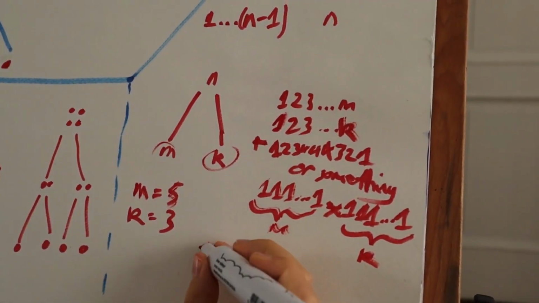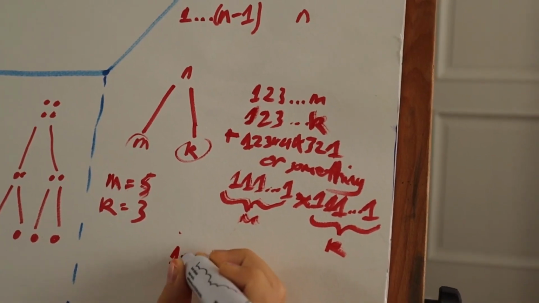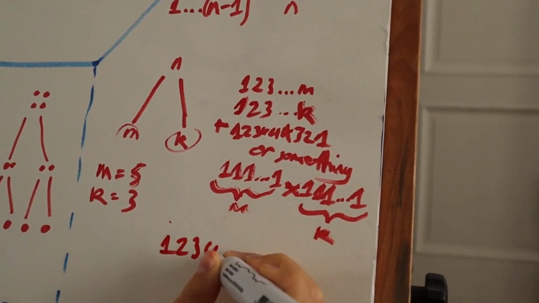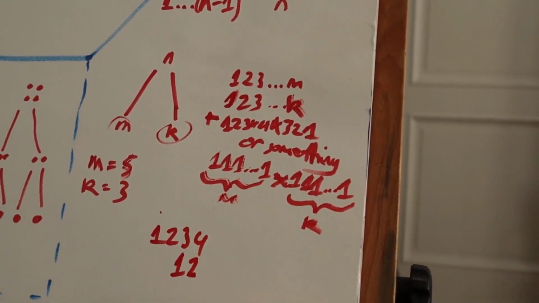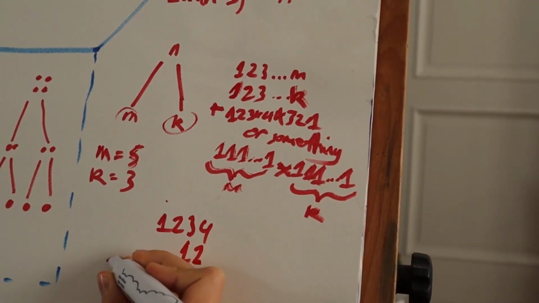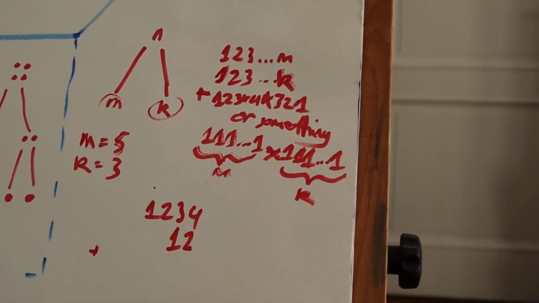So then I started doing this. The result for 5 is 1, 2, 3, 4. And for 3, it's 1, 2. And then we're going to add the result after multiplying 5 ones by 3 ones.